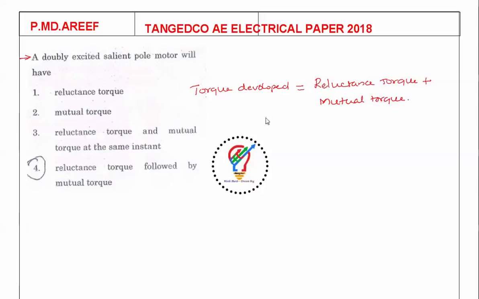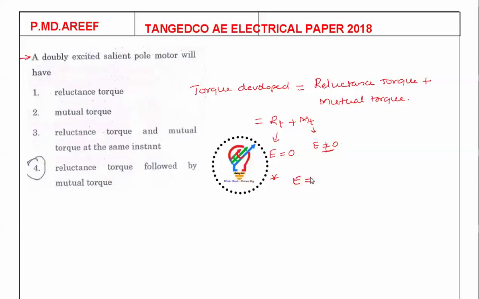Let's have a small discussion about reluctance torque plus mutual torque. The reluctance torque is present even when the excitation is zero. The mutual torque is present when excitation is present. Even if the excitation fails, the torque developed by the machine is not zero, because of the reluctance torque. That is the speciality of the salient pole machine.